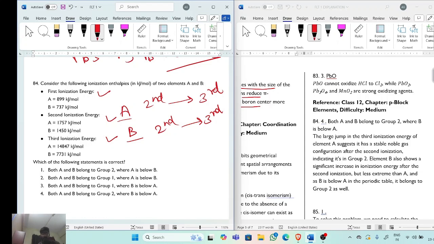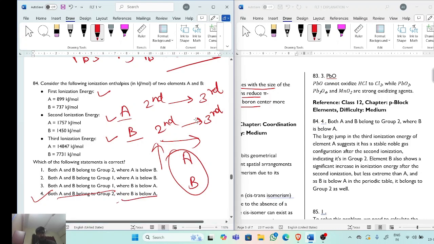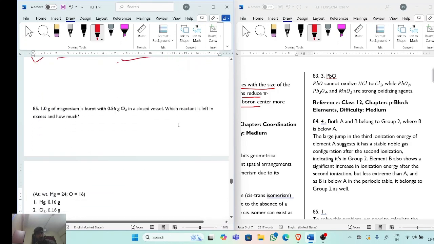The ionization energy of A is higher, so A will be on the upper side and B on the lower side, because going from left to right ionization energy increases, and going from top to bottom it decreases. That's why option number 4 is our correct answer: both A and B belong to group 2, but B is below A.